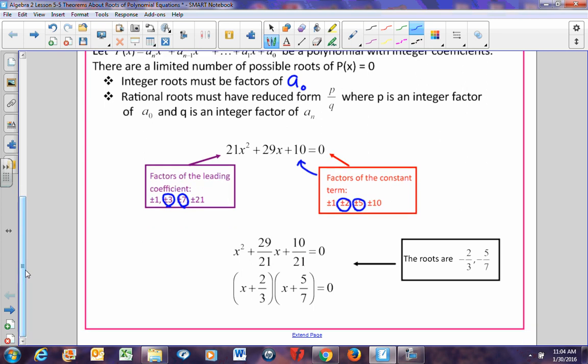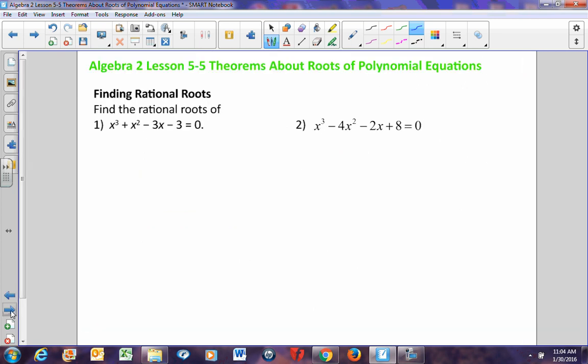Okay, so if we need to find rational roots, if I'm trying to find the rational roots of x to the third plus x squared minus 3x minus 3 equals 0, the first thing I have to do is list all the possible rational roots. So I need to have factors of negative 3 divided by factors of 1, because it's the constant term over the leading coefficient, and the coefficient in front of x to the third is 1.